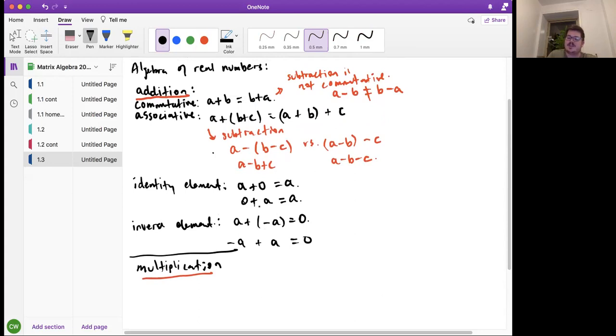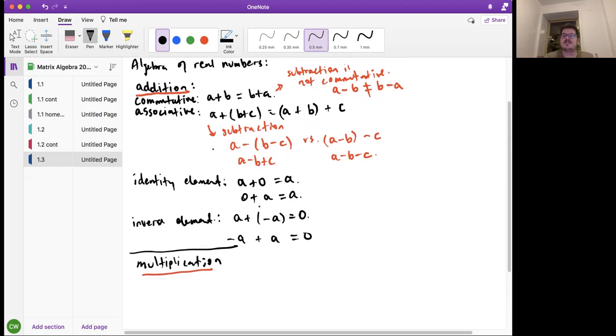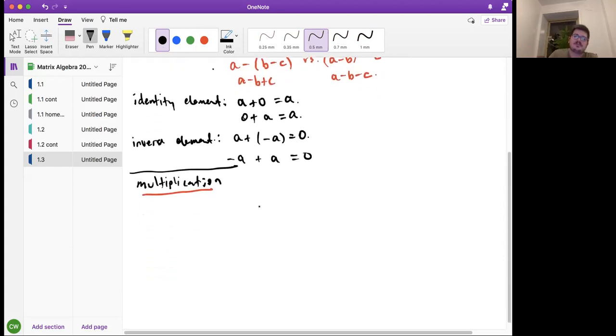Is multiplication commutative? Yes. A times b is in fact equal to b times a. Now, just a little spoiler, this won't be true for matrix multiplication.